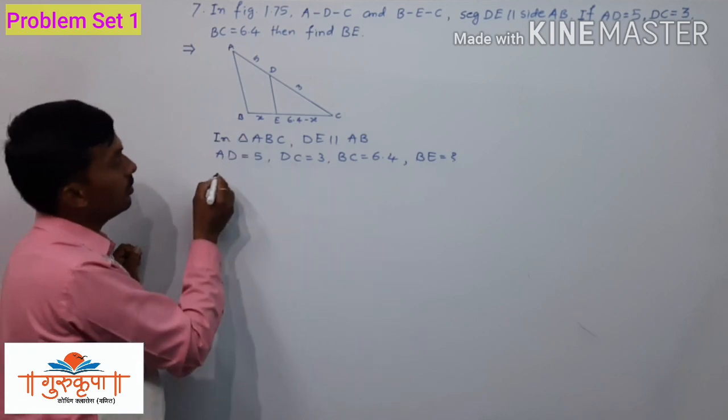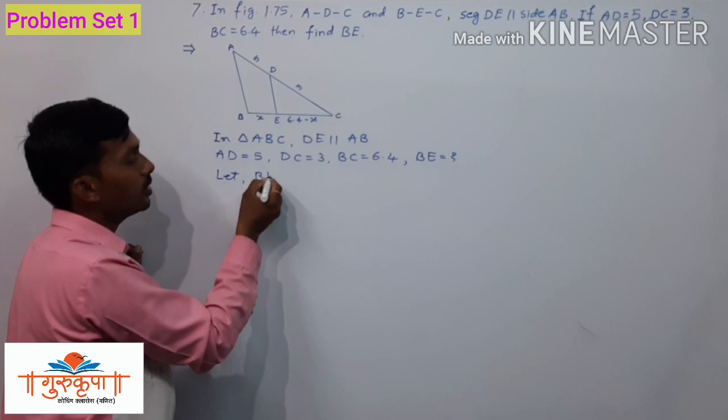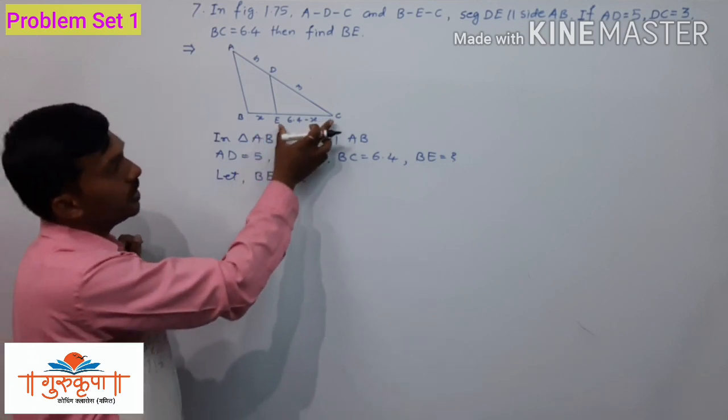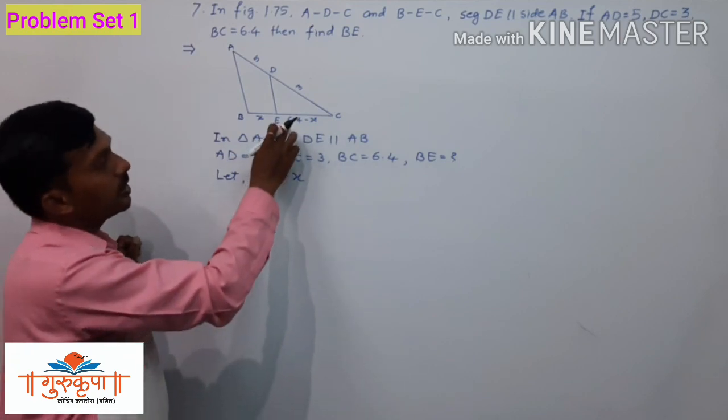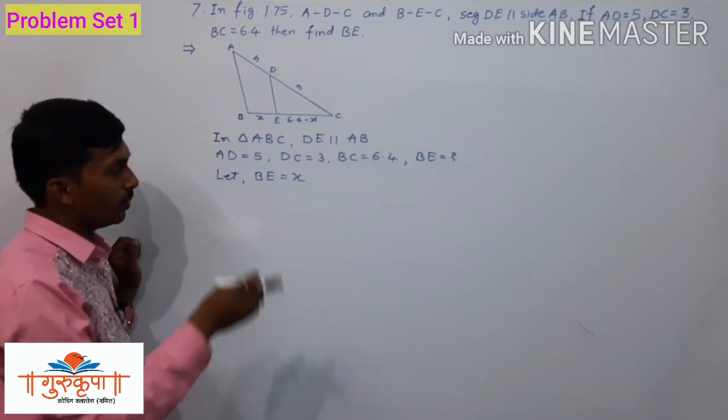Now here we will write: let BE be equal to X. Now we have to find CE. Actually it is given there in the diagram, but we have to write that part here.